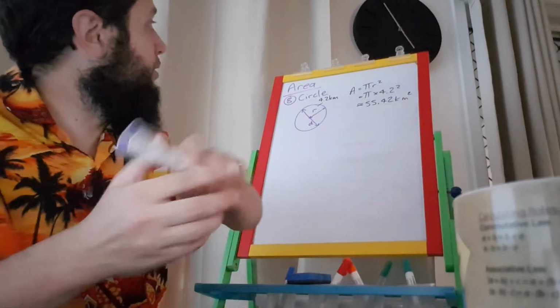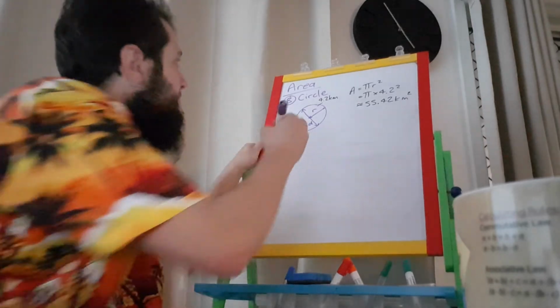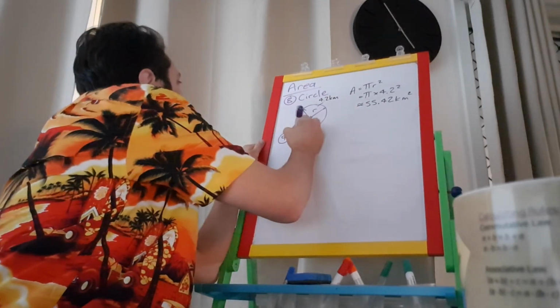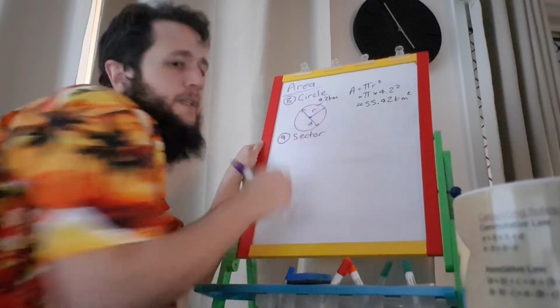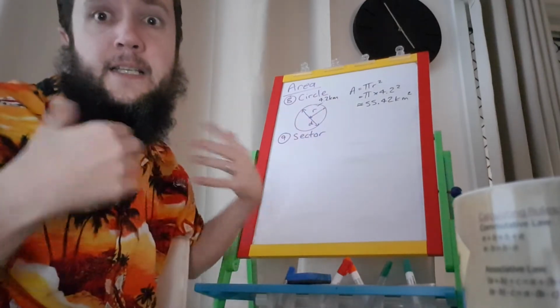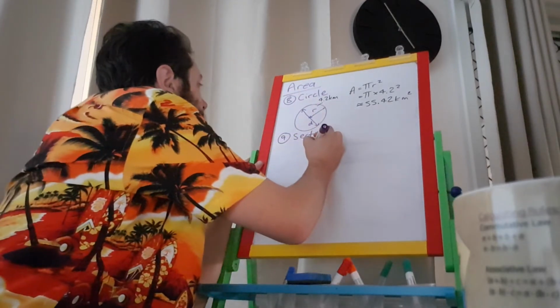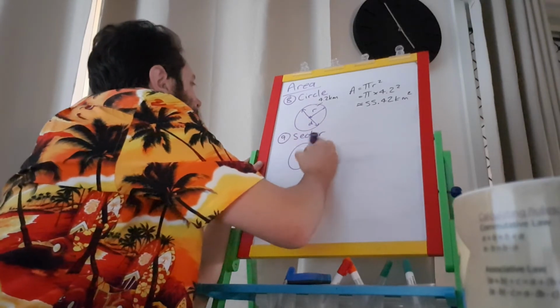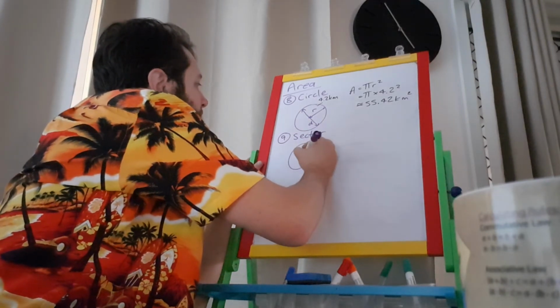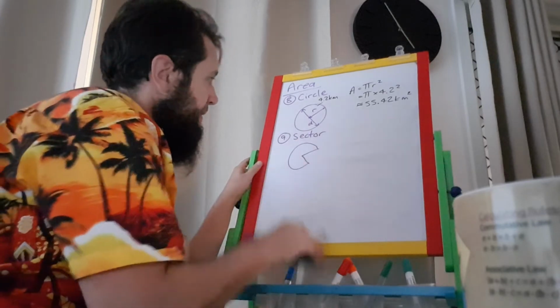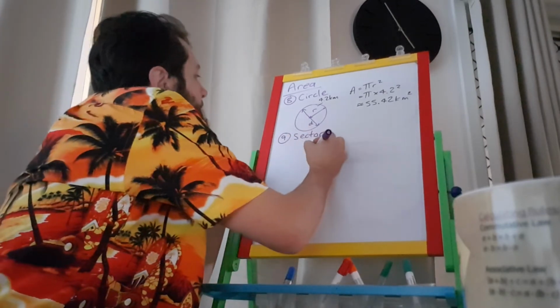The last item here is a sector. Now there is a nice section in your book that goes through this. A sector is part of a circle. So, you know, I like to draw something like a Pac-Man here. That's terrible.